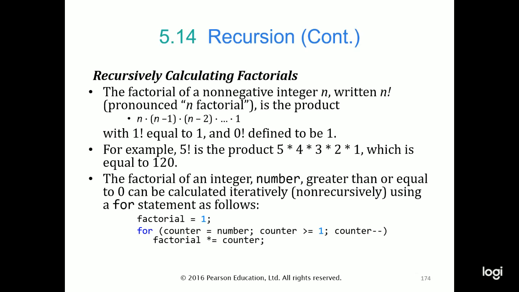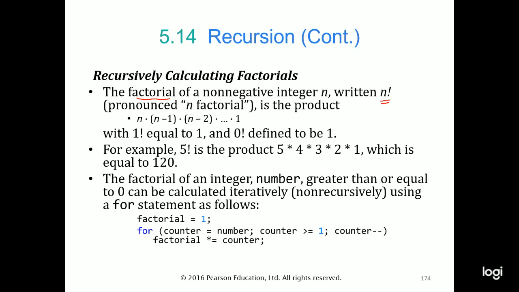So in this case what we're trying to do is to obtain the factorial of a non-negative integer n, and if you recall from your basic math class, n factorial is computed by multiplying the number n with n minus 1, with n minus 2, up till we get to 1.